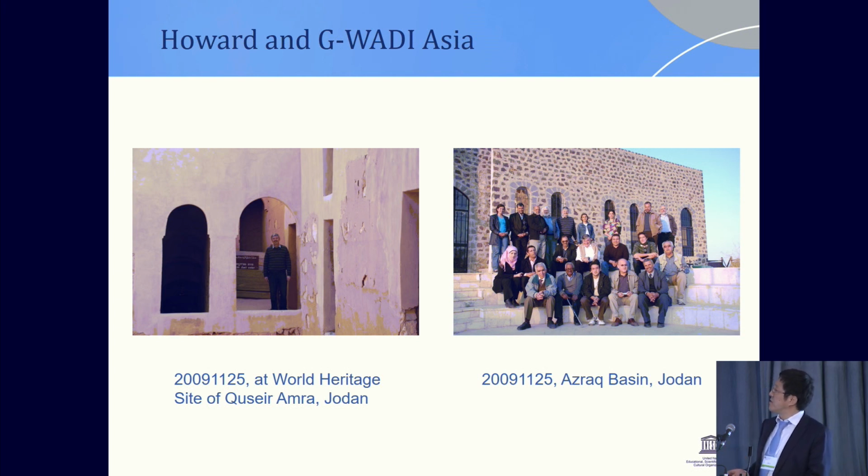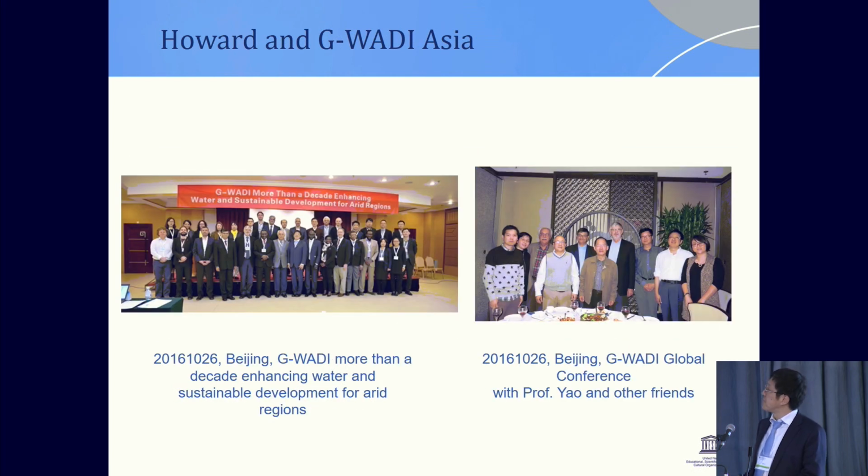For example, here are just a few photographs to show our events in Jordan in 2009. And also a workshop on enhancing water and sustainable development in our region took place 2 years ago in Beijing. Howard is here, and we also had some very nice time.